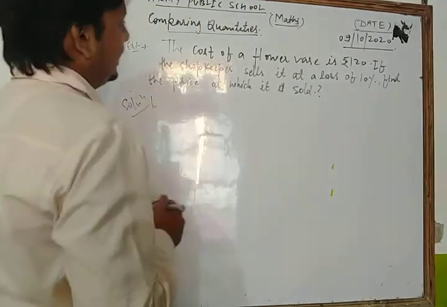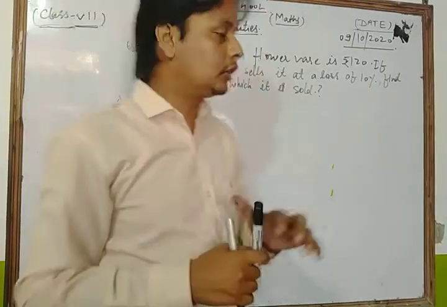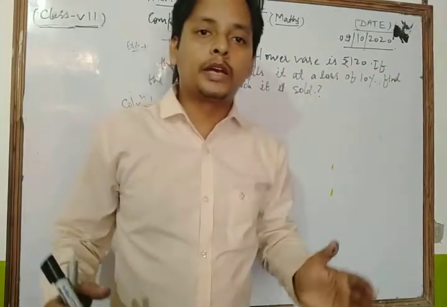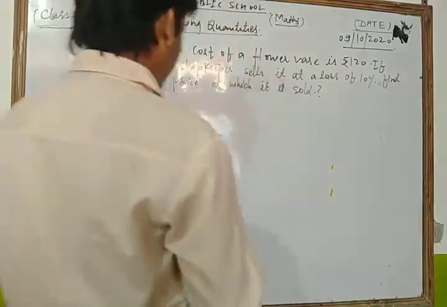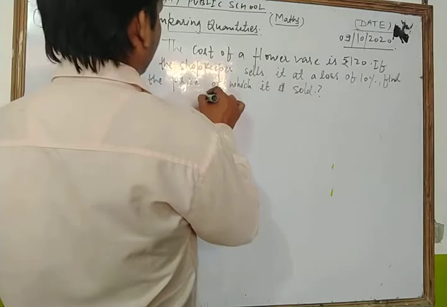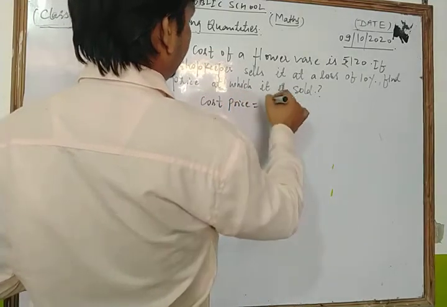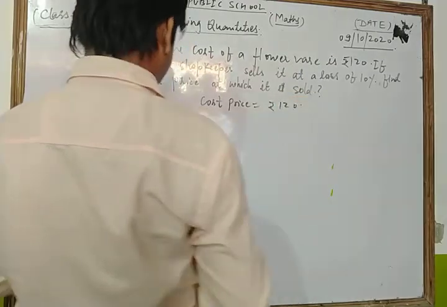Dear students, in that question, what is given? Let's see once more that the cost of a flower vase is rupees 120. Means cost price of that object is given here, 120 rupees.